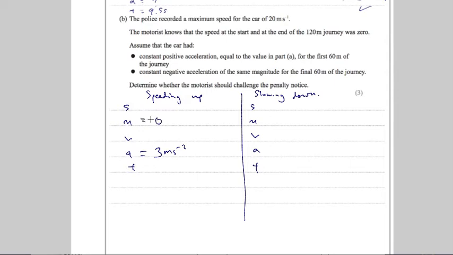And we started at 0, and we did that over half of the journey, so over 60 meters. What is our maximum speed going to be?